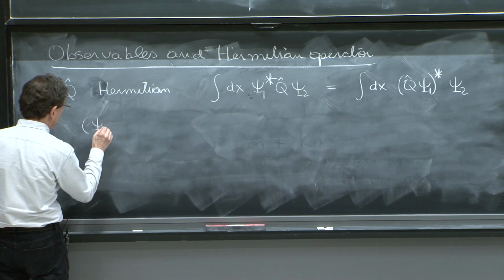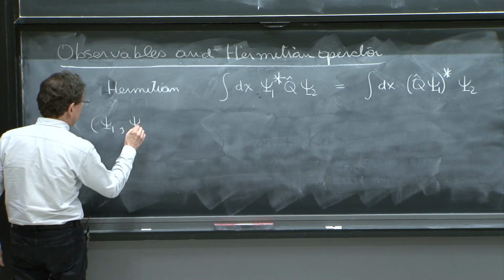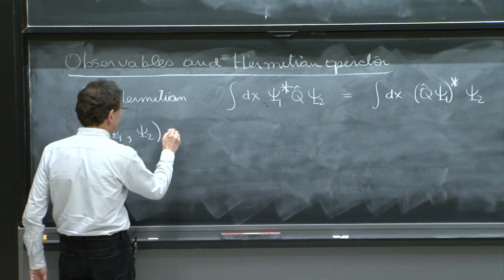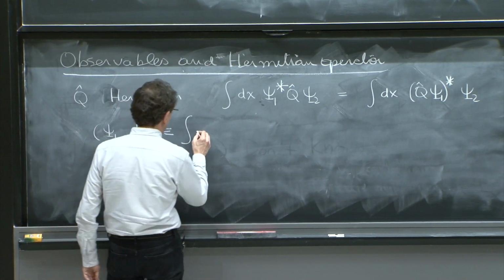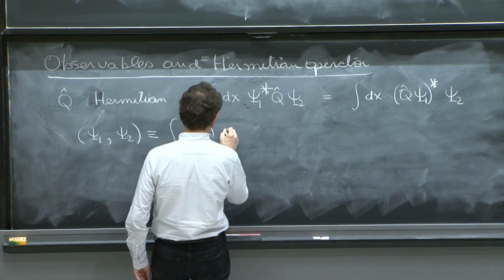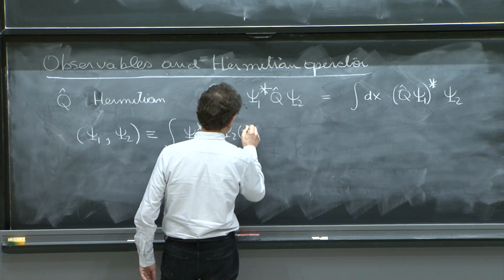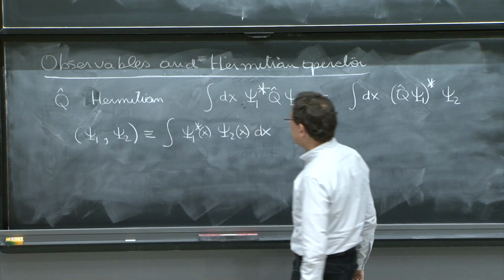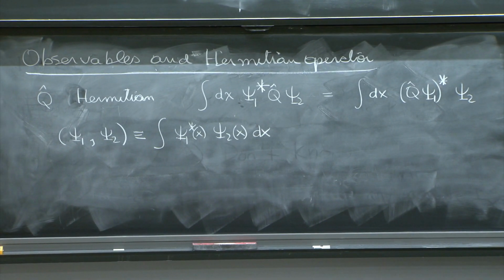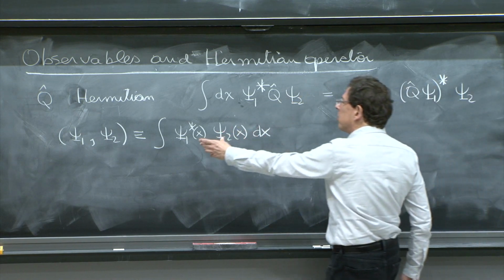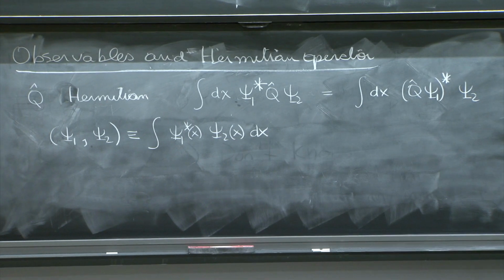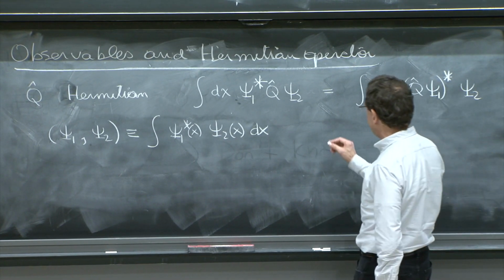If you put psi 1, comma, psi 2 in parentheses, this denotes a number, and in fact denotes the integral of psi 1 star of x, psi 2 of x, dx. So whatever you put in the first input ends up complex conjugated. What you put in the second input is not. It's all integrated.